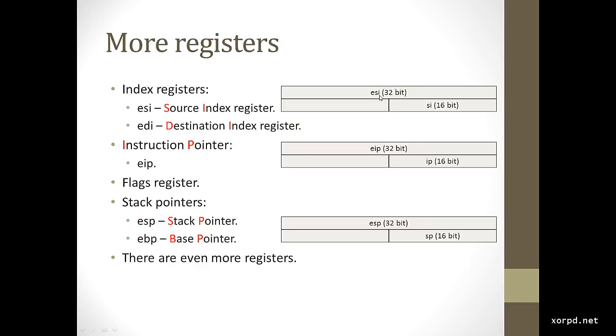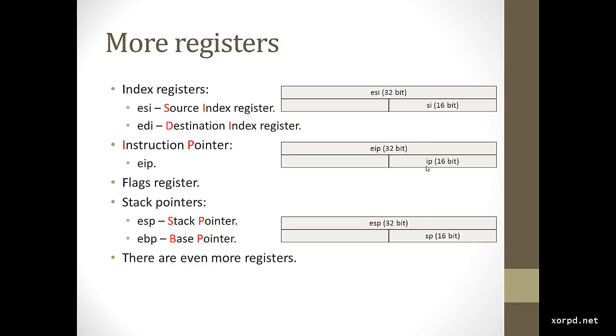For example, the ESI, made of 32 bits, has the smaller counterpart, SI, which is the lowest 16 bits of ESI. The same goes for EIP, which has the shorter counterpart, IP, which is made of the lowest 16 bits of EIP.